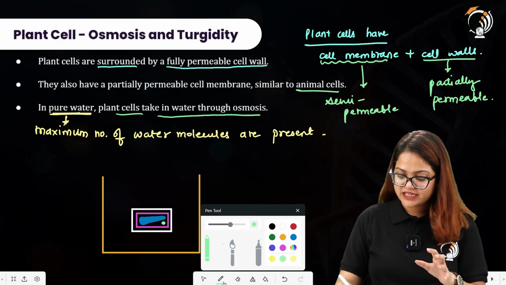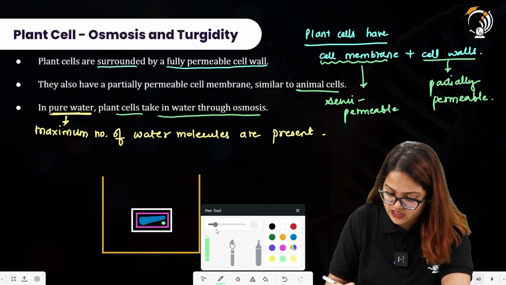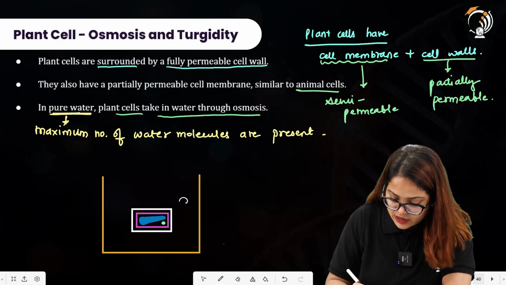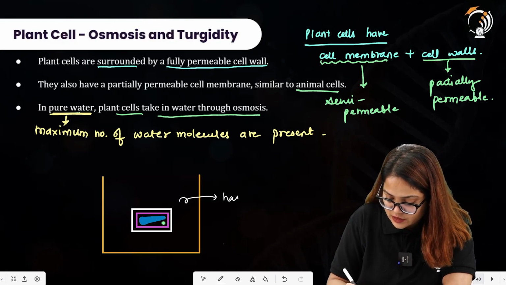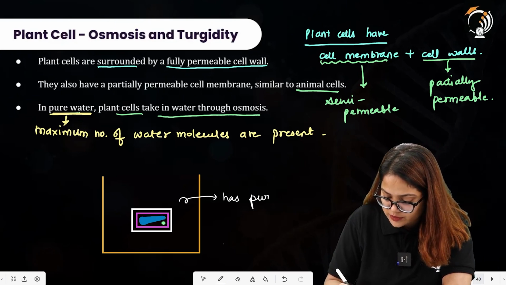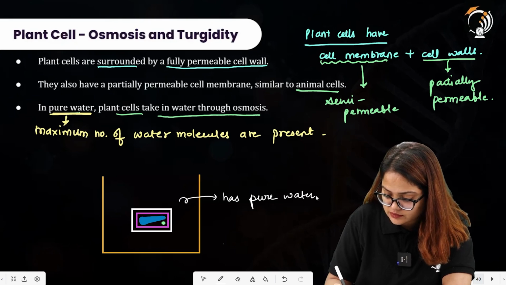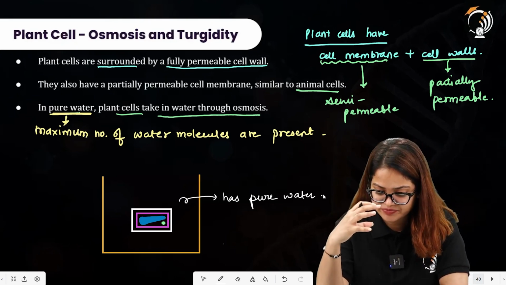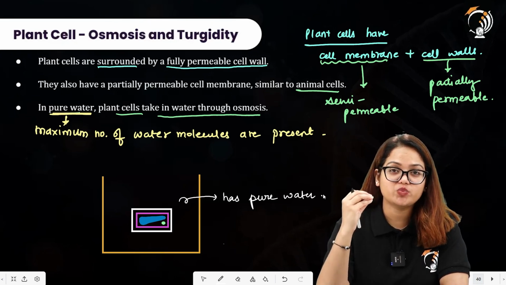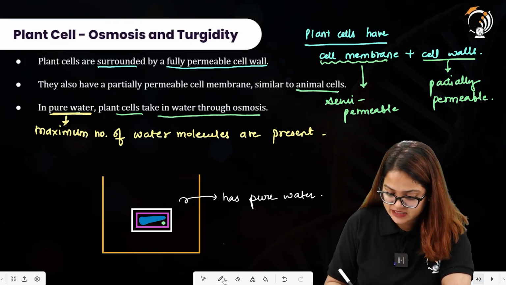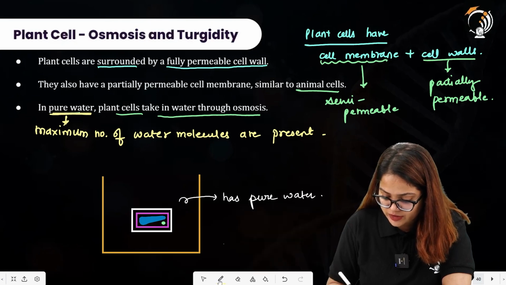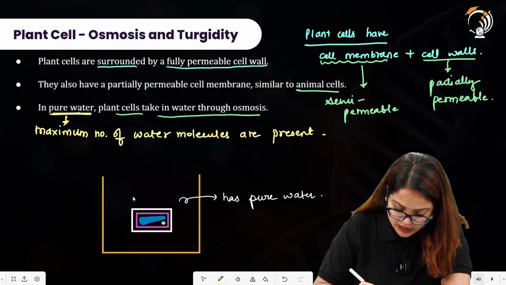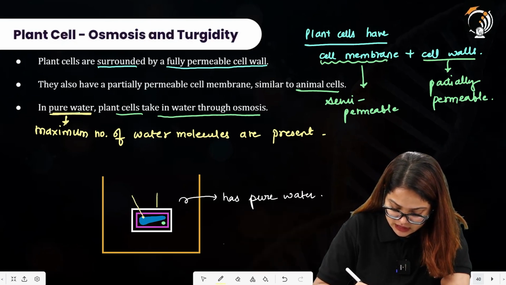Now it has been placed in a situation where the surrounding environment has pure water, and compared to this, the plant cell has a low concentration of water molecules. Now what will happen? There will be a net movement of water molecules into the cell.